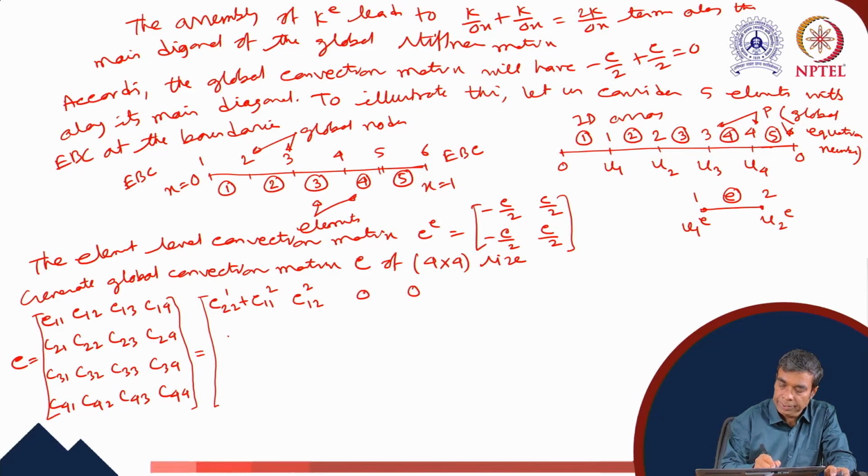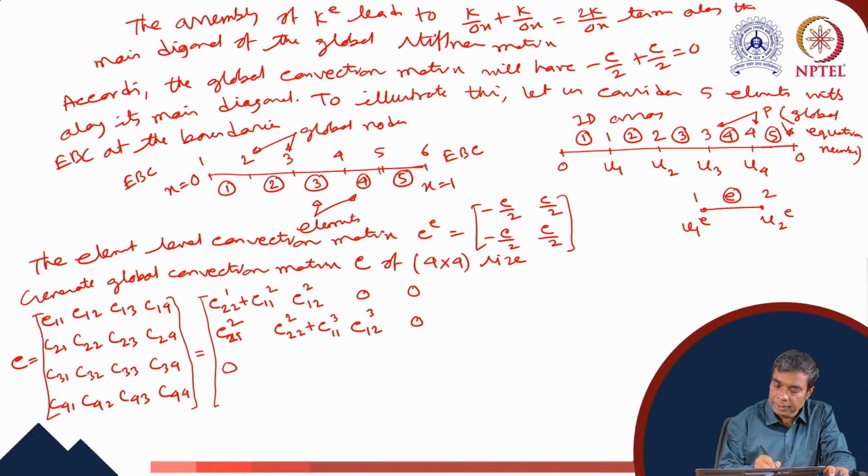C21 will be C212, C22 will be C222 plus C113. Then we have C23, which will be C123, and the last term is 0. Then C31 is 0.